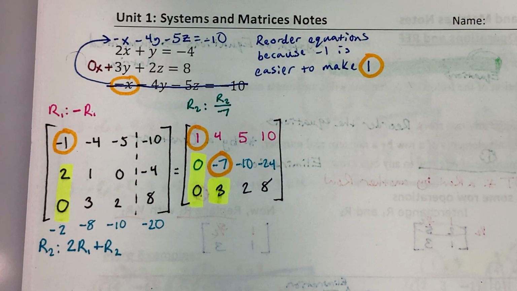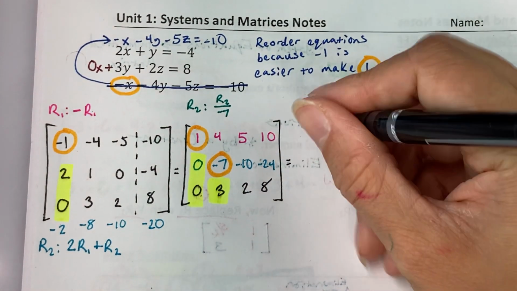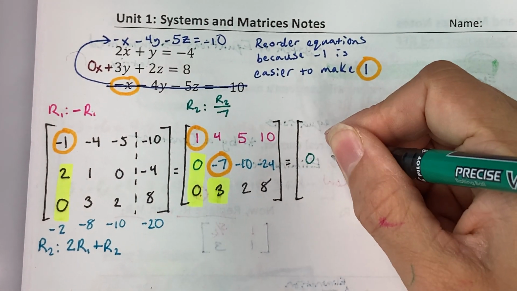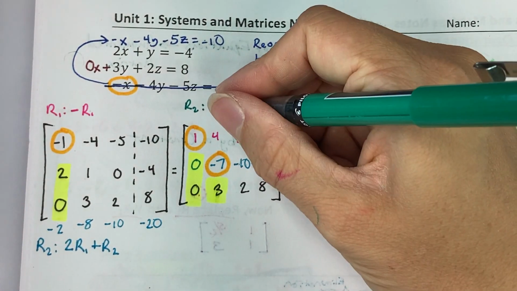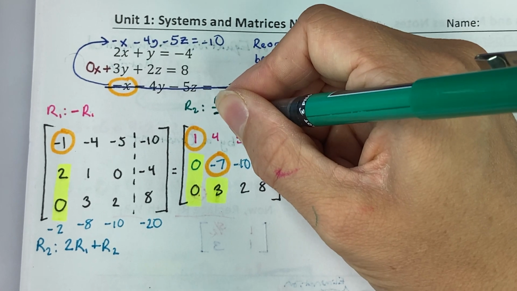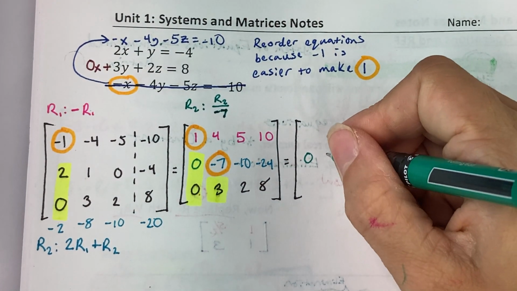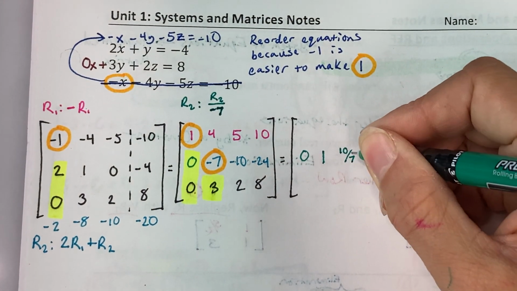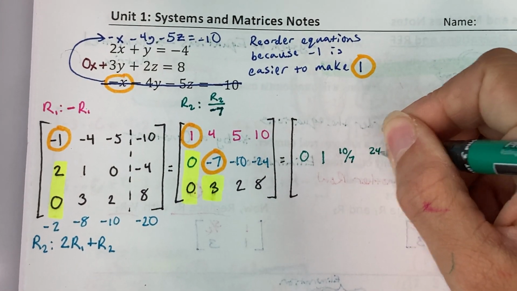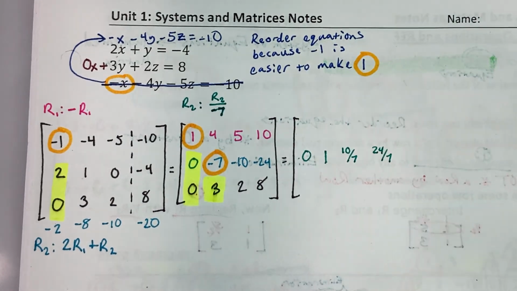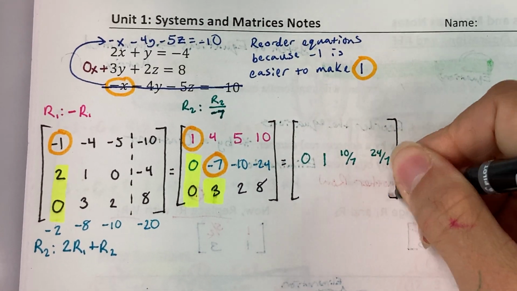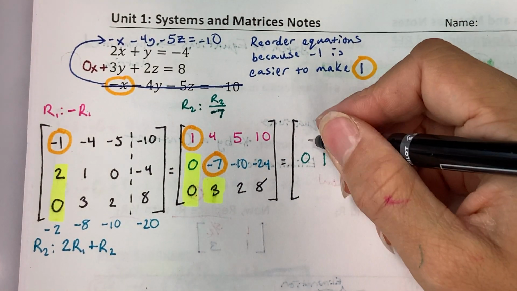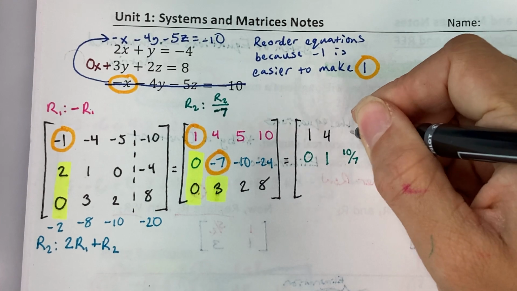So it's going to get a little bit icky with fractions here, but that's going to give me a 0, and that gives me a +1, a +10/7, and a +24/7. Nope, don't like that. But that is the proper way of doing the row echelon form. So row 1 is going to remain the same.